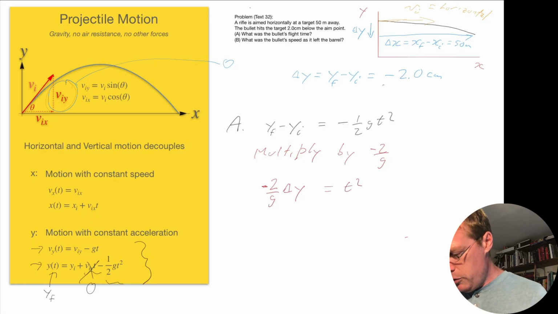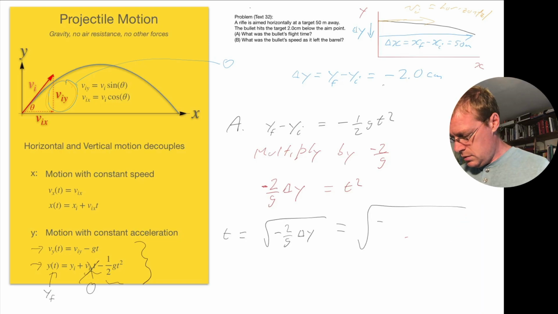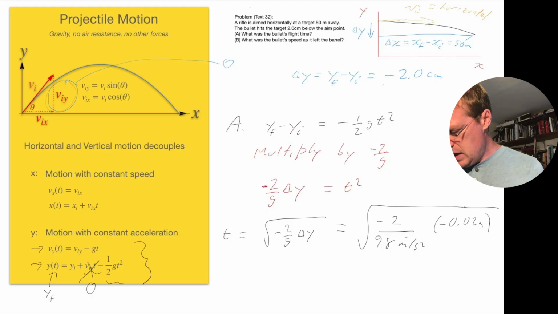Then I take the square root of both sides. And now I can just plug in numbers. And indeed, these signs cancel out.